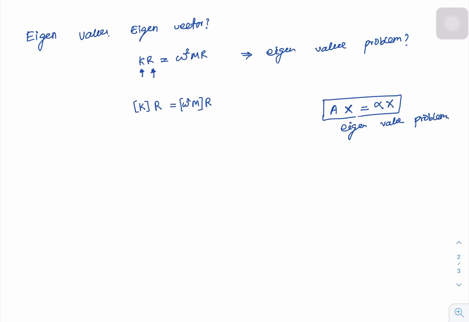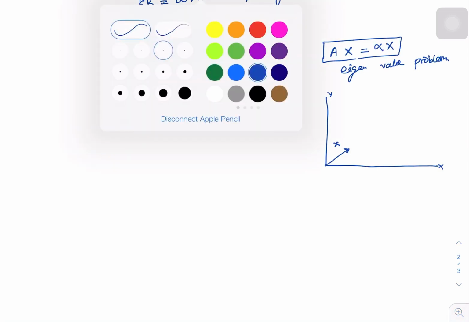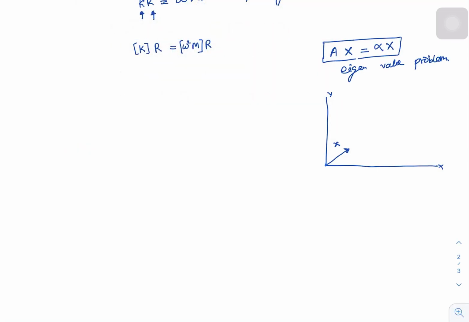Graphically, how can we represent it? Let's say this is my vector x, and then I use some transformation matrix A. Multiplying by the transformation matrix gives A x equal to alpha times x.